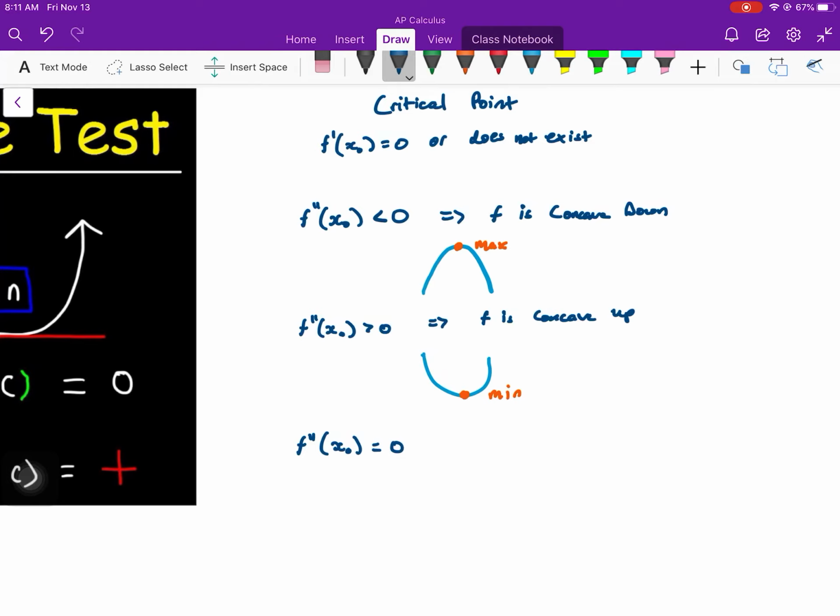It doesn't necessarily have to be. It could be concave down, and then it changes the concavity, and then it just continues to be concave down. Or it doesn't change concavity there. It just goes from concave down to no concavity to concave down again. So that's a possibility. That just means we don't really know if it's going to be a maximum or a minimum. So we'll say test fails.